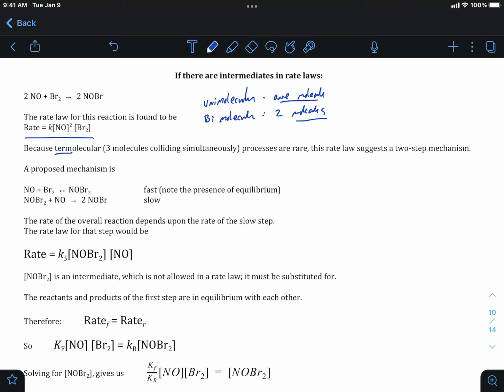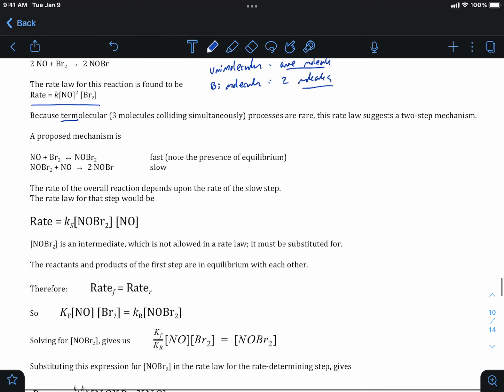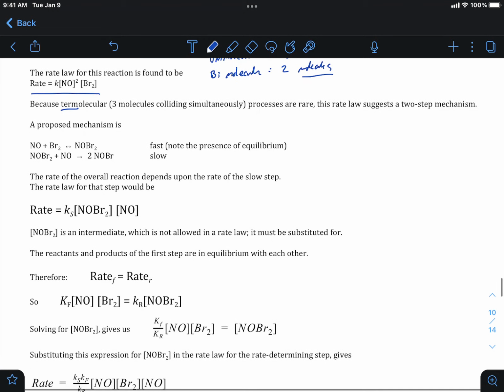Now, we just talked about the likelihood of multiple molecules colliding at the same time and how that's unlikely. So 3 molecules colliding at the same time is not likely. What that means then is this must be a multi-step mechanism. So here we have a proposed mechanism, and here we have the slow step.